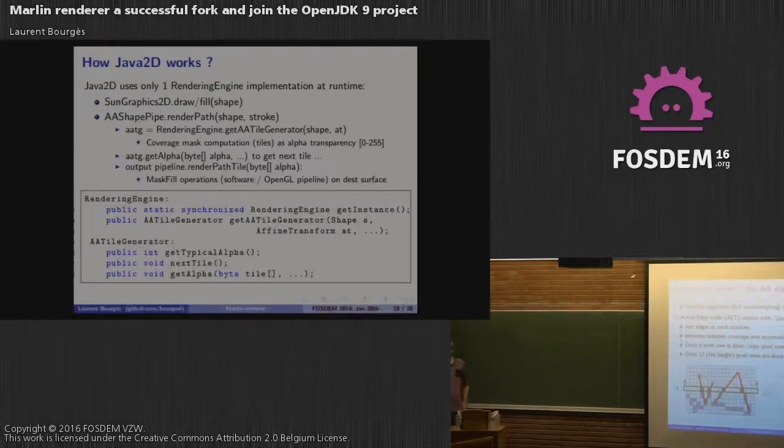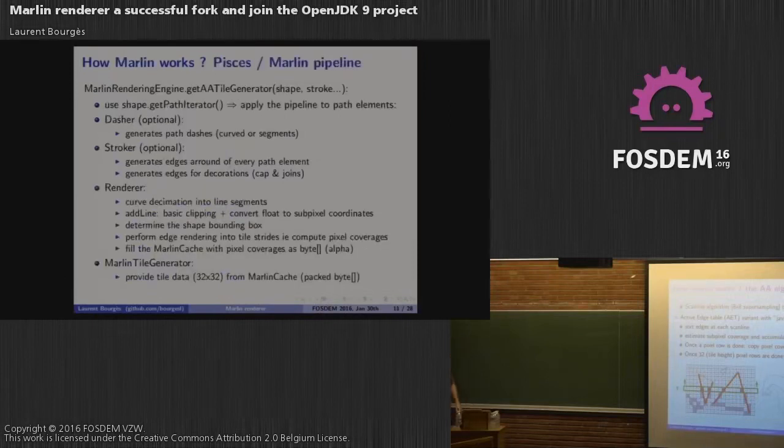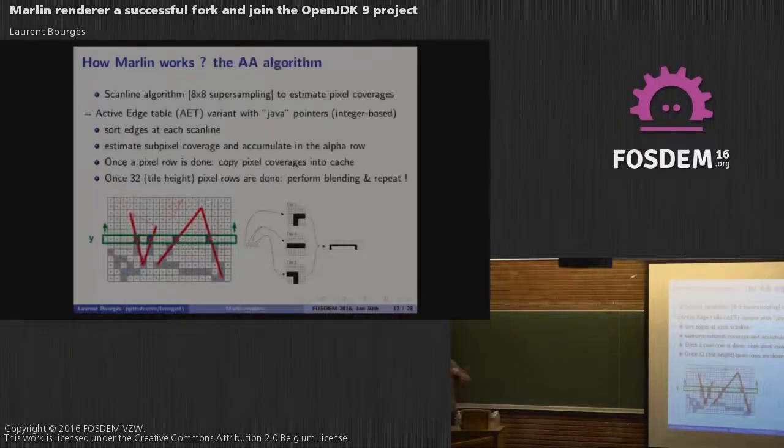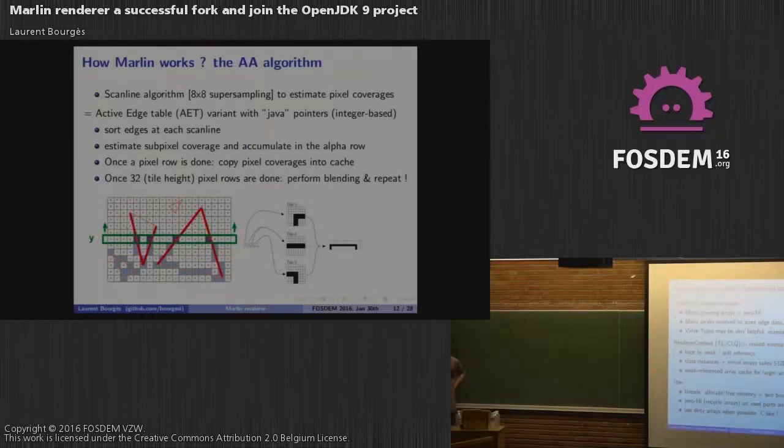We go forward. Typically, it's a quite well-known active edge table algorithm. It's quite tricky because you don't have pointers in Java, but you can do some integer-based pointers. The integer serves like a pointer into an array, and then you have some structs, which is really close to value types. Every piece of data is not allocated on the heap, it's all flattened in arrays. Just an illustration. So Marlin's performance optimization is mainly to avoid GC allocation.